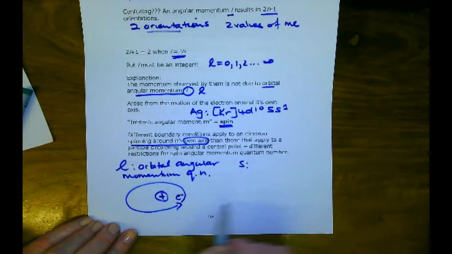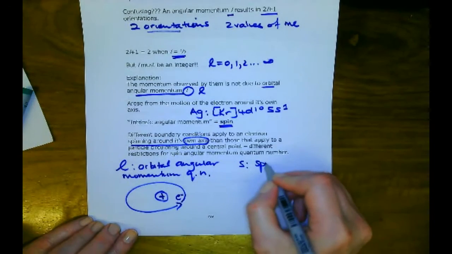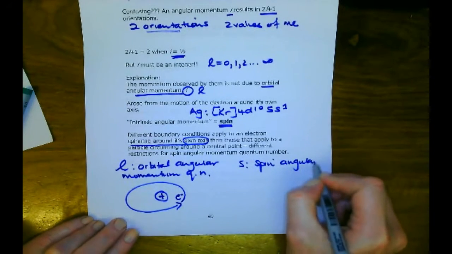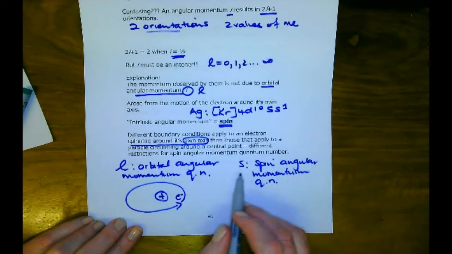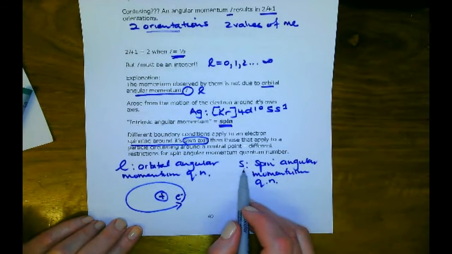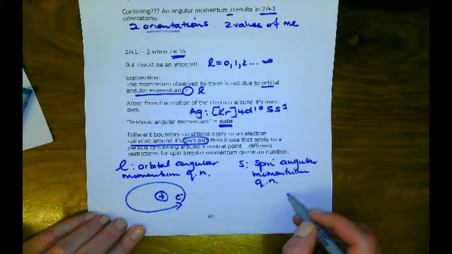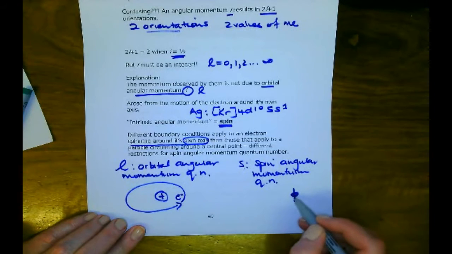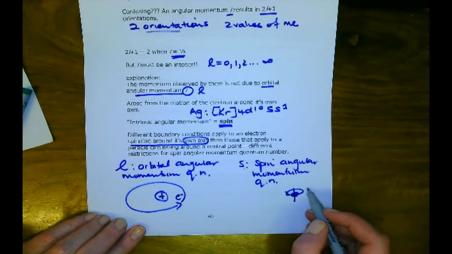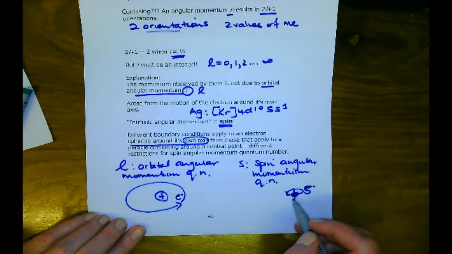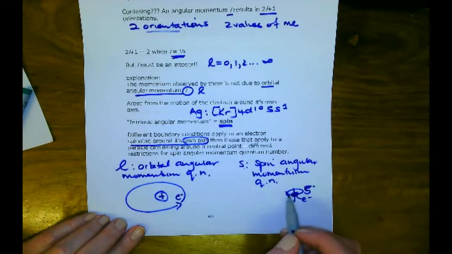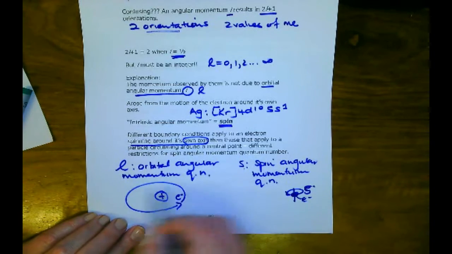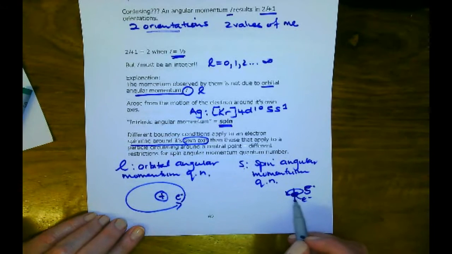Now we've also just defined a new quantum number, which is the spin angular momentum quantum number, and we use the symbol S for that, lowercase s, and that is the spin of an electron around its own axis. So if that's our electron, it spins around its own axis. So these refer to two different types of angular momentum, the orbital angular momentum and the spin angular momentum.